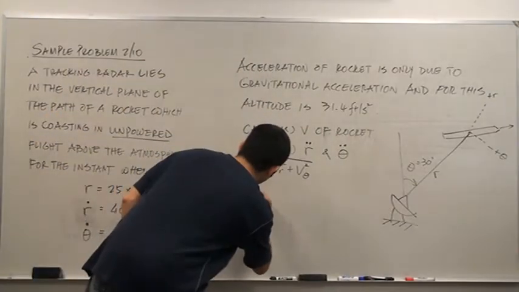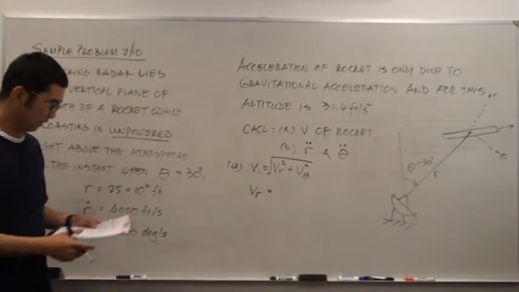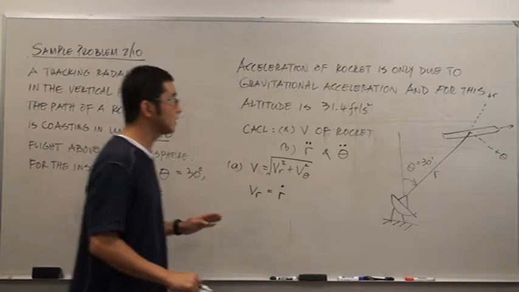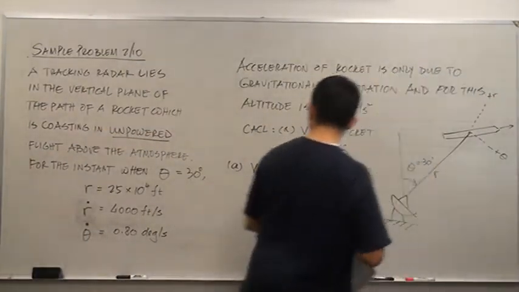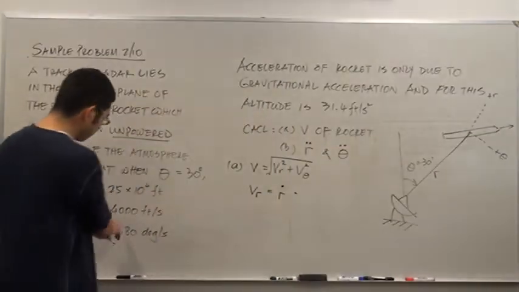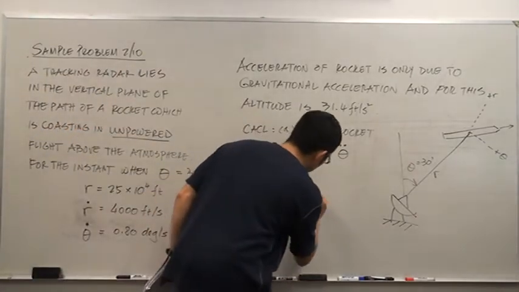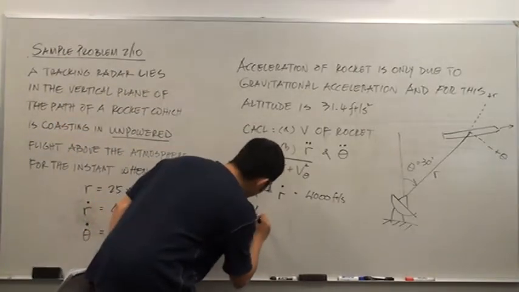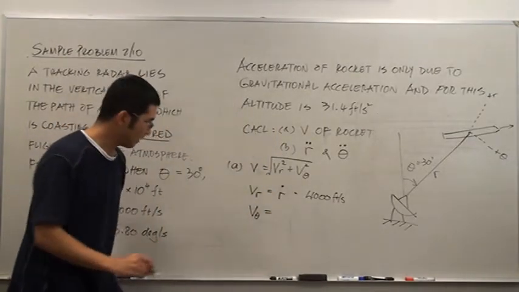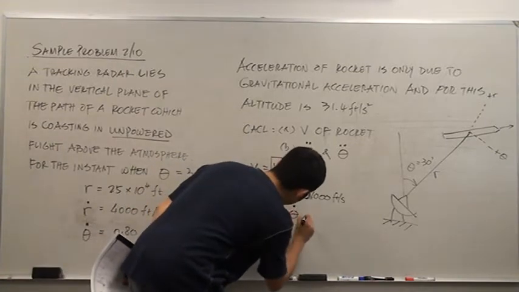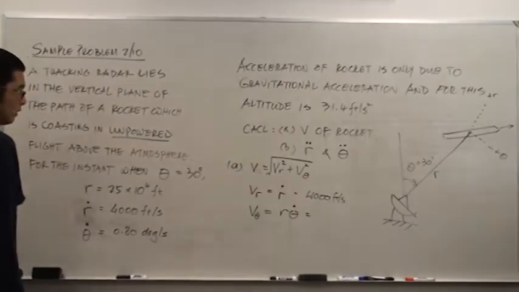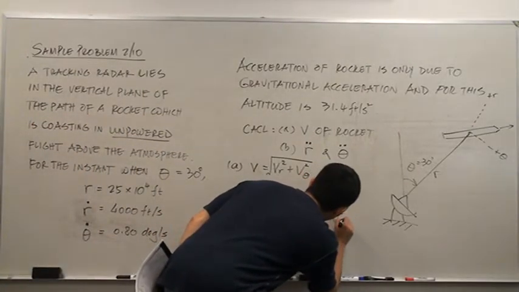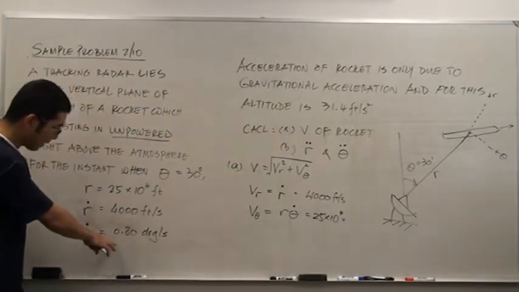So for polar coordinates, remember, Vr is essentially just r dot. Vr is the velocity in the r direction, so r dot. We already know what this is. It's 4,000 feet per second. And V theta, as we remember from our cheat sheet, is r theta dot. So I have an r of 250,000, 25 times 10 to the 4, times theta dot, which is given to me in degrees per second.